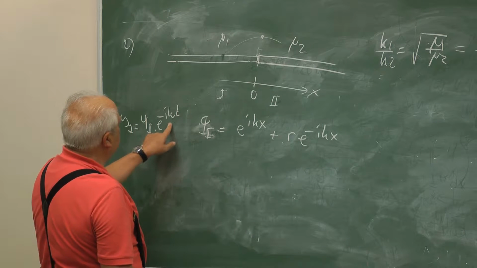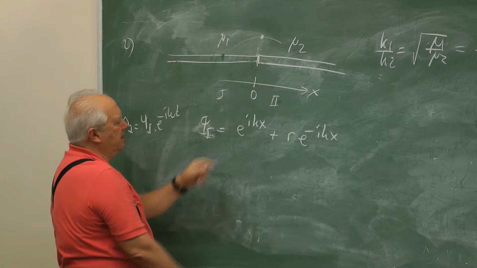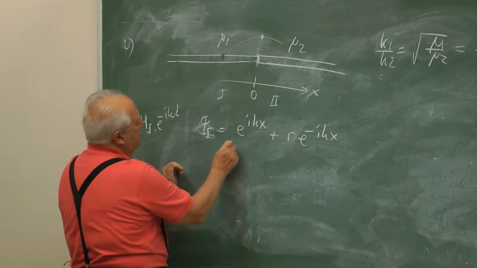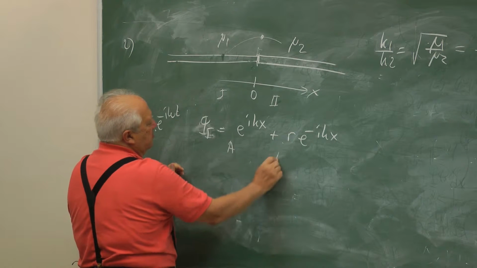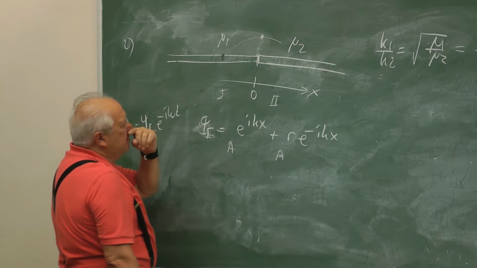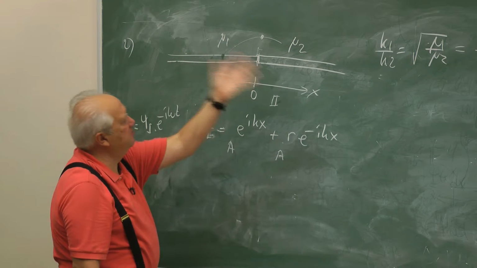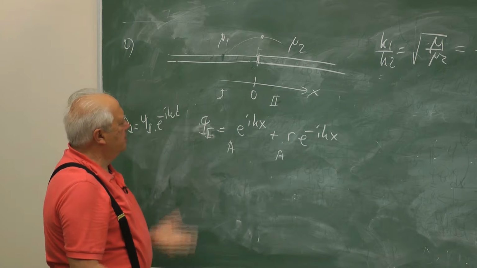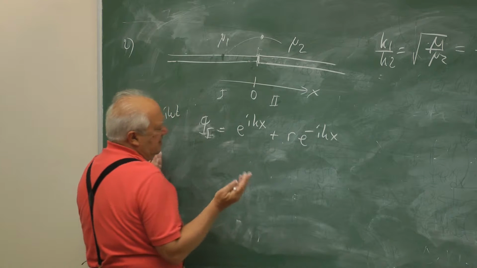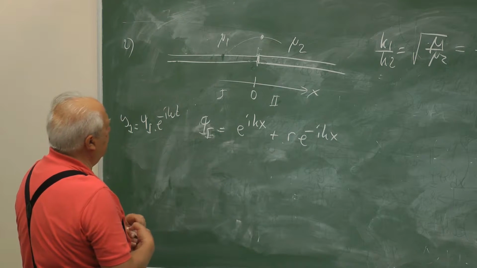So when you multiply by e to the minus i omega t, this is a wave that is going to the right. This is a wave that is going to the left. I could have multiplied here by A, but this is only a scale because I am really interested in the fraction of energy that is reflected back and transmitted forth. So this arbitrary strength is not important. So we just replace it by 1. So this is psi 1.